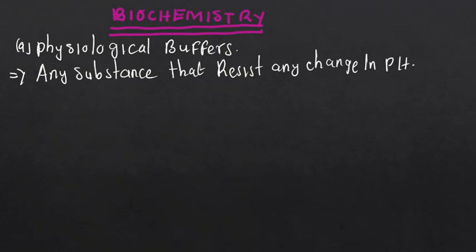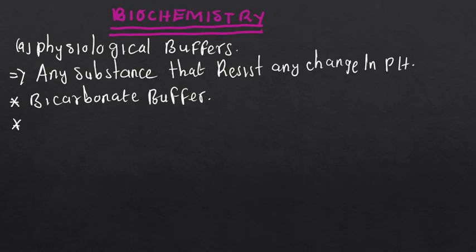Now, there are different buffers that are so important under biochemistry that we must remember. The first buffer to remember is the bicarbonate buffer. The second buffer is the phosphate buffer. Very important.